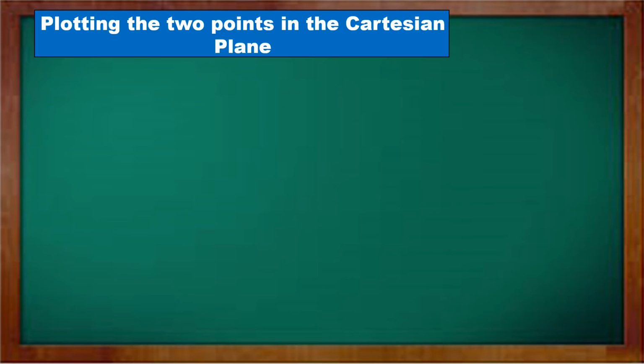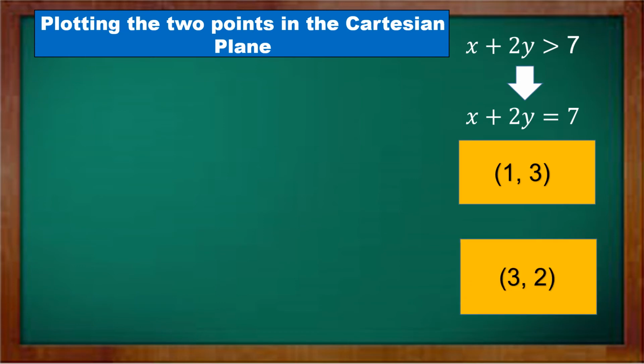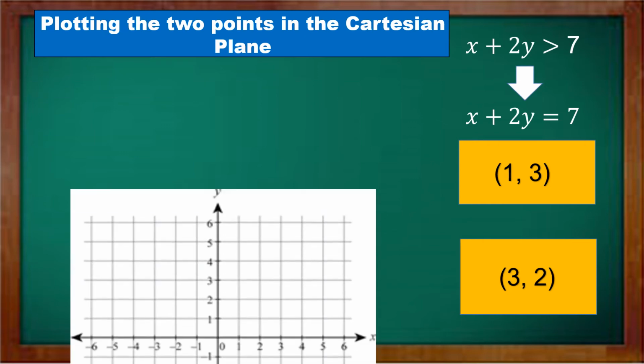Since we already have the 2 points, we are now ready for our second step, which is plotting the 2 points in the Cartesian plane. From the inequality, we transformed it into an equation, and from that equation, we were able to get our 2 points, (1, 3) and (3, 2). So it's now time to plot them on our Cartesian plane.